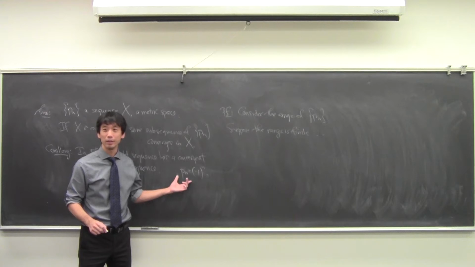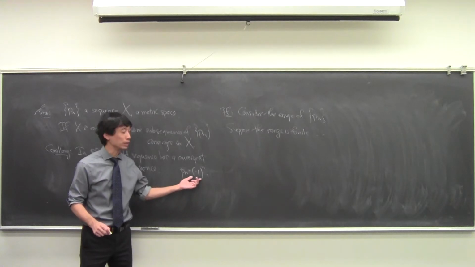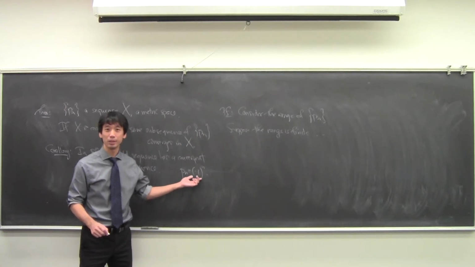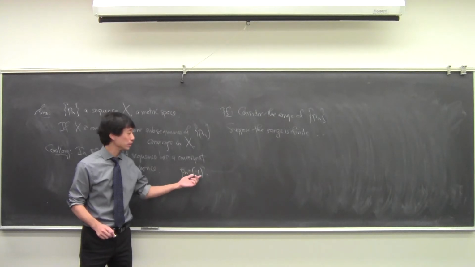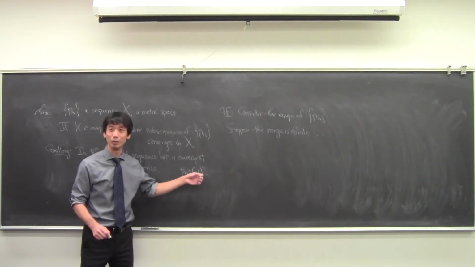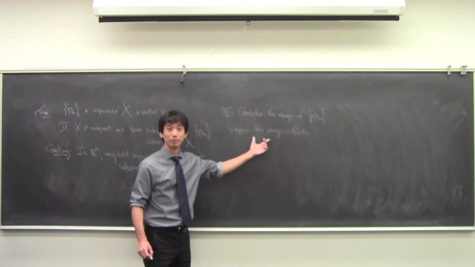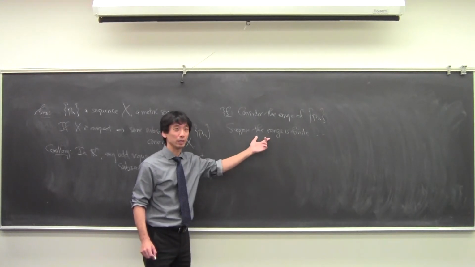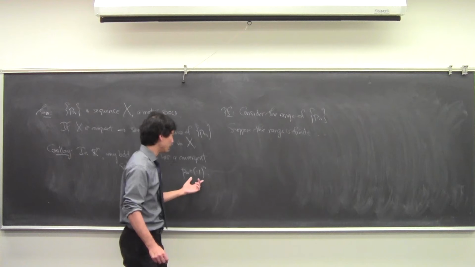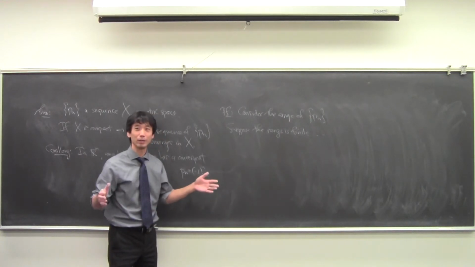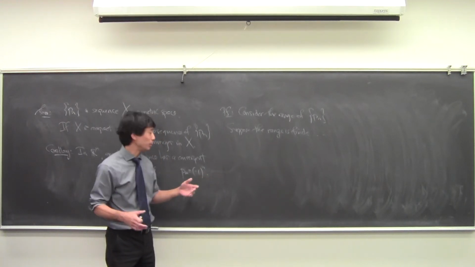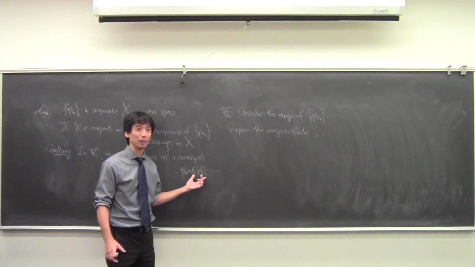Then we were able to choose a convergent subsequence by just choosing, you could take 1, 1, 1, 1, and so on. Well, that's basically what you do in this case. If the range is finite, there may not be 2 values, but there's some finite number of values, and you do exactly the same thing.